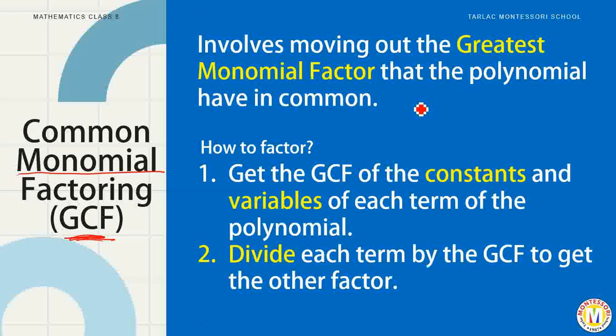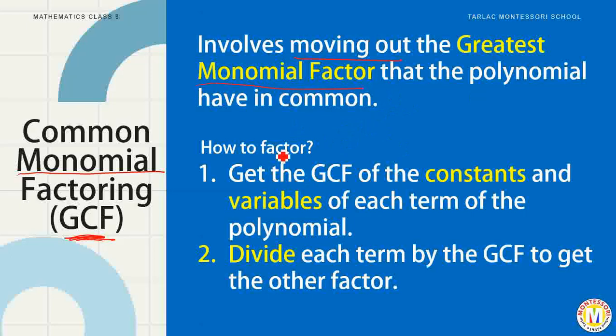Just like what we talked about a while back, factoring is a way of regrouping the polynomial. On this particular factoring technique, we are going to move out the GCF or GMF, greatest monomial factor, that your polynomial has in common. So all factors that are common to the terms of the polynomial will be moved out in such a way that you will be obtaining a monomial factor.